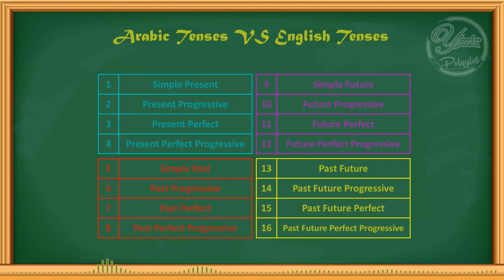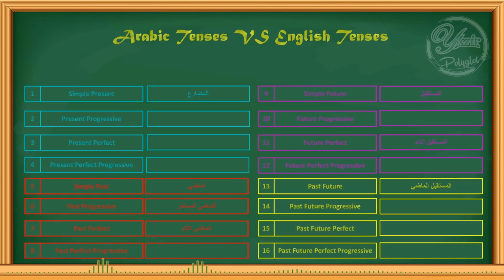It has only 7 tenses, that is al-mudari', al-madi, al-madi al-mustamir, al-madi at-tam, al-mustaqbal, al-mustaqbal at-tam, al-mustaqbal al-madi. 5 of the English tenses can be represented by 2 Arabic tenses.